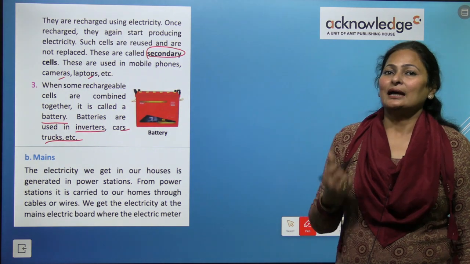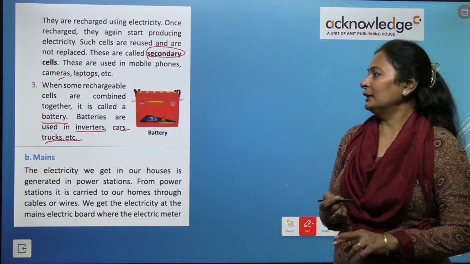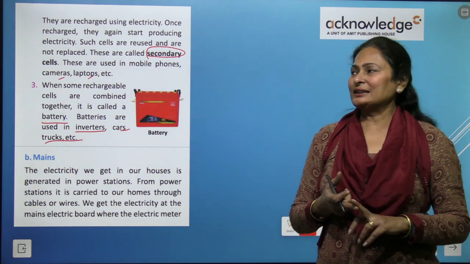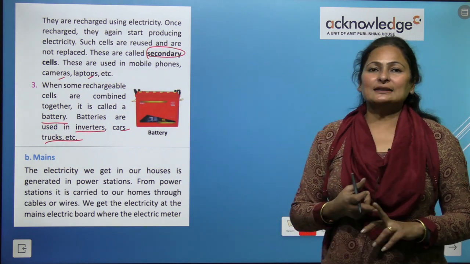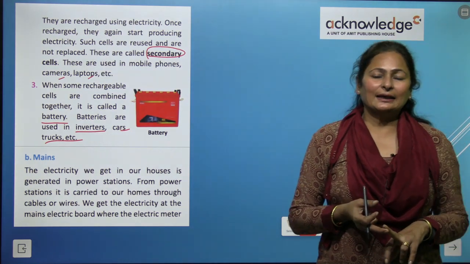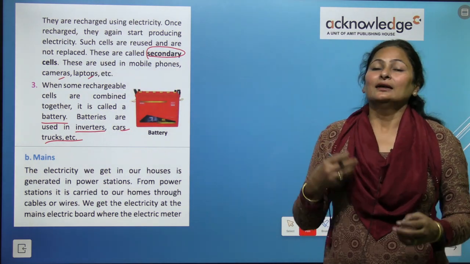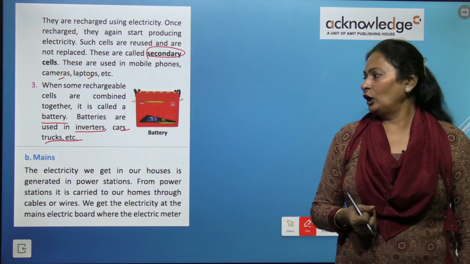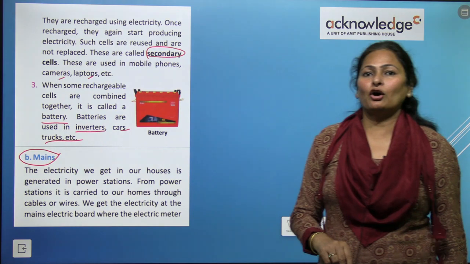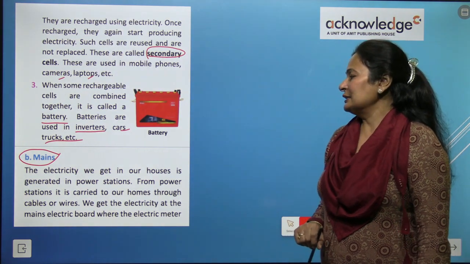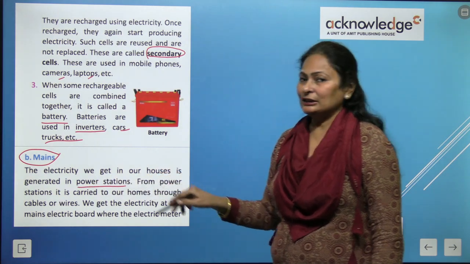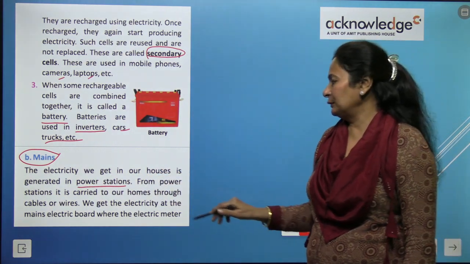So we have seen the sources. First is the electric cell, then cells again in two types, primary and secondary, and the third one is the battery. Now moving to the mains, which is again a source of electricity. The electricity we get in our home is generated by a power station, as I told you at the beginning of the chapter.